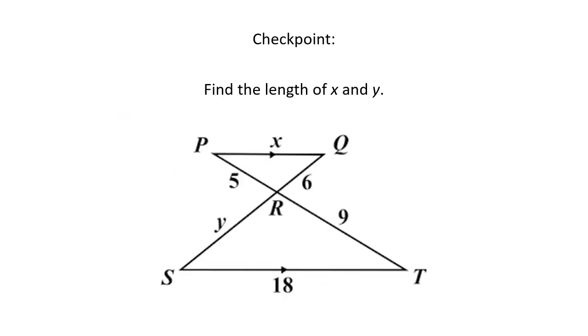So for your checkpoint problem, I've got a figure here, and we can see that PQ is parallel to ST. I'll give you a little bit of a hint here. We know by vertical angles that this angle is the same as this angle. But of the other 4 angles, how are they going to be congruent?